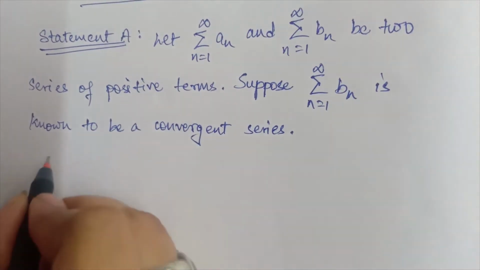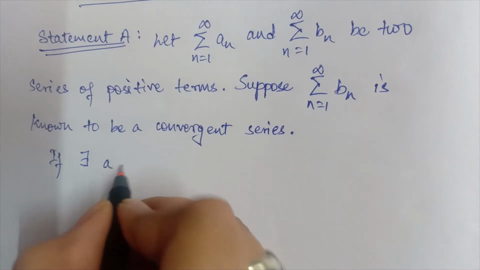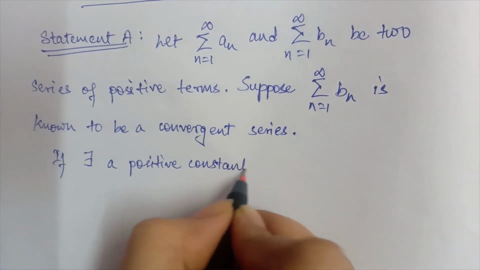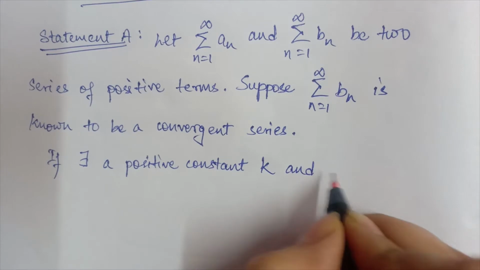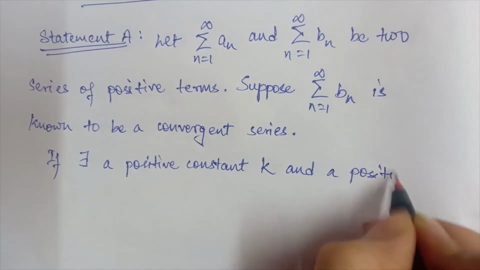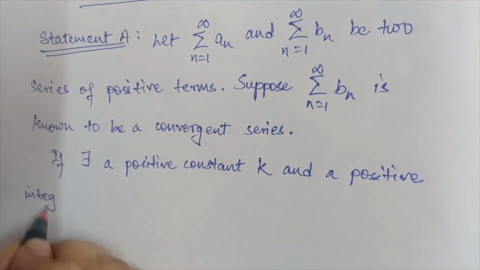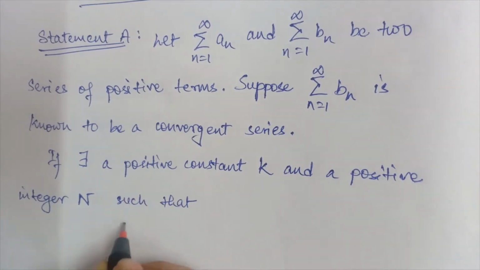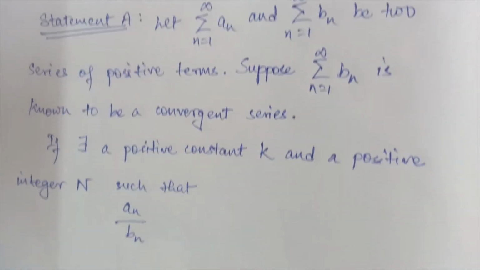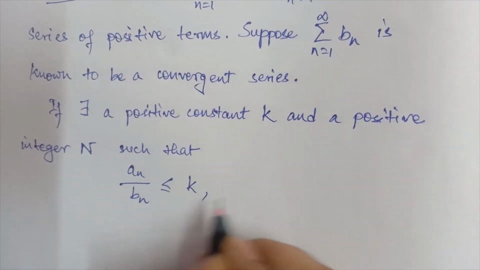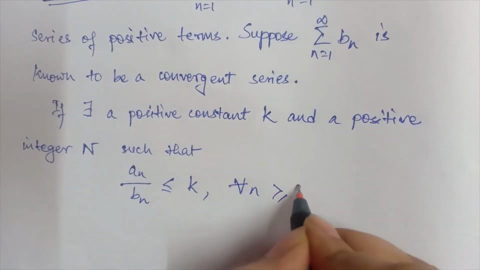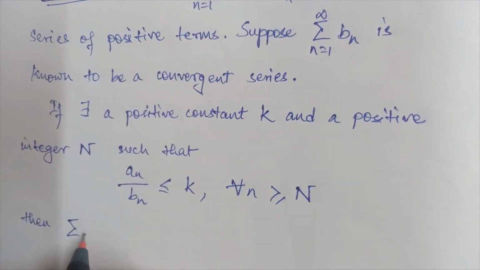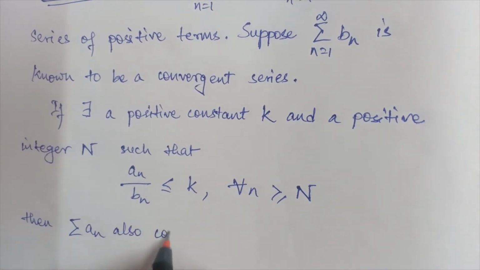Okay, then if there exists a positive constant k and a positive integer N such that an by bn is less or equal to k for all small n greater or equals to the positive integer capital N, then summation an also converges.